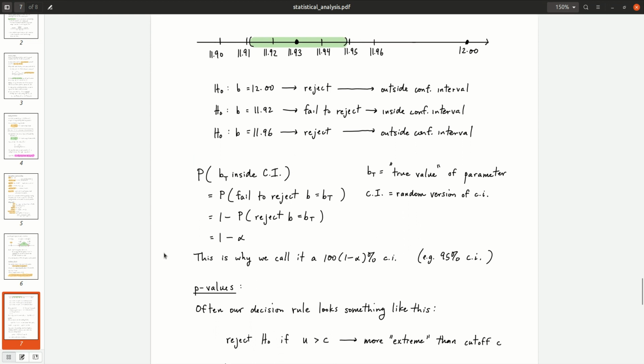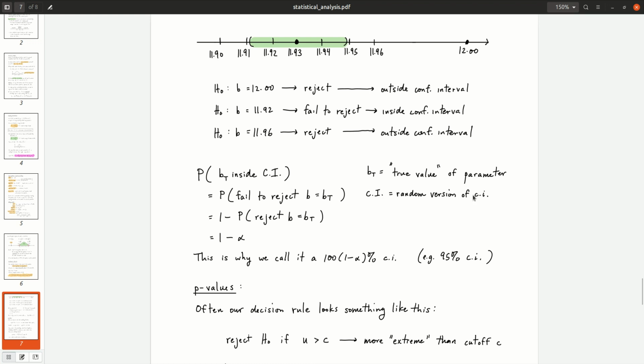All right, one additional interesting fact about confidence intervals. And you can really think of this as the definition of what a confidence interval is. But let's go through this. So we define B sub t to be the true value of the parameter. And we define capital CI to be a random version of this confidence interval.